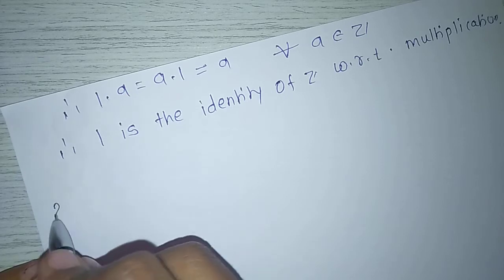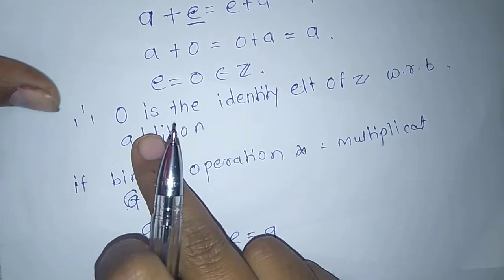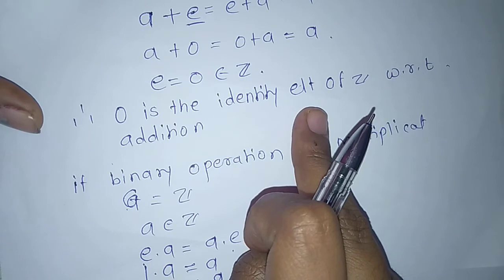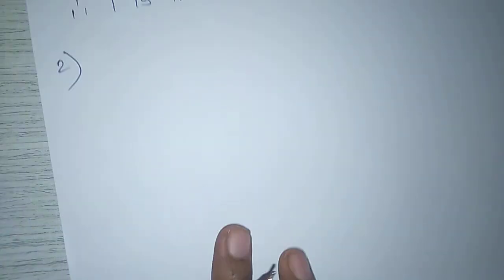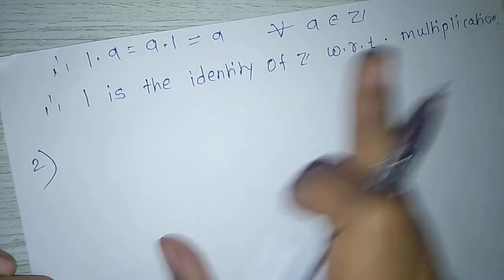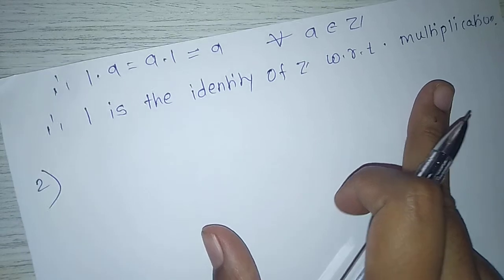Next example. This is our first example for Z. Here we showed that 0 is the identity element of Z with respect to addition. Also 1 is the identity of Z with respect to multiplication. Next example.